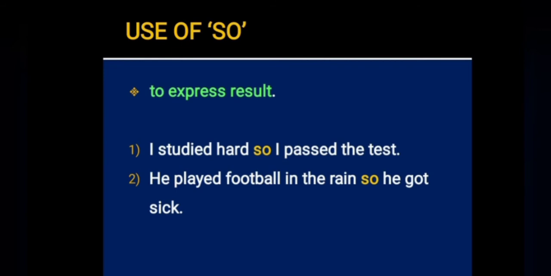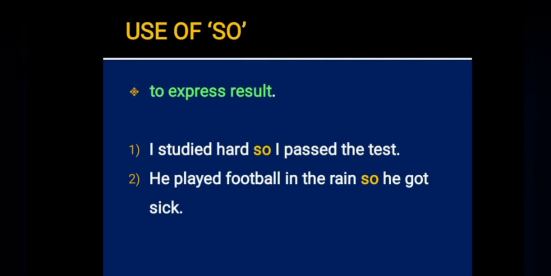For example, I studied hard, so I passed the test. He played football in the rain, so he got sick. All these sentences show that the second idea is the result of the first.